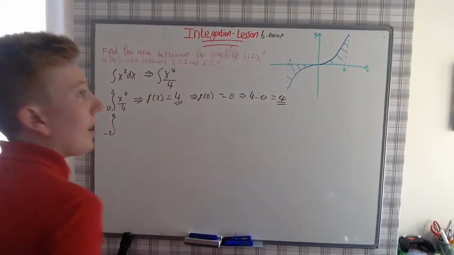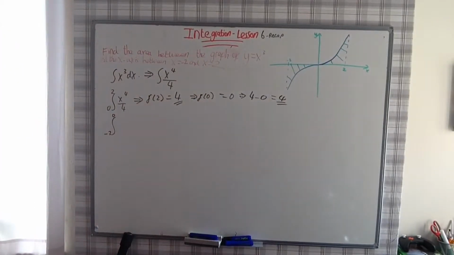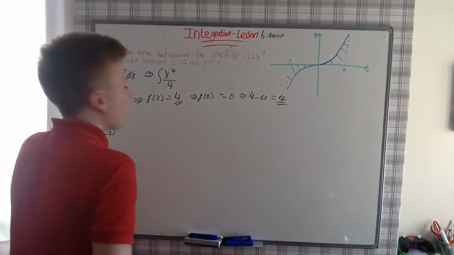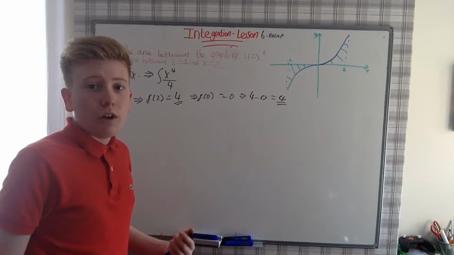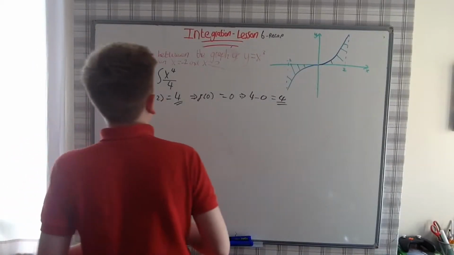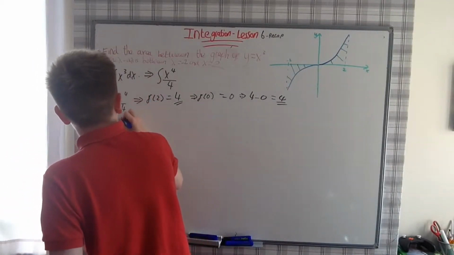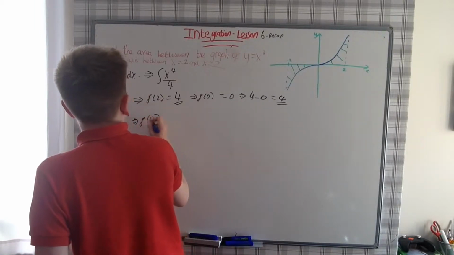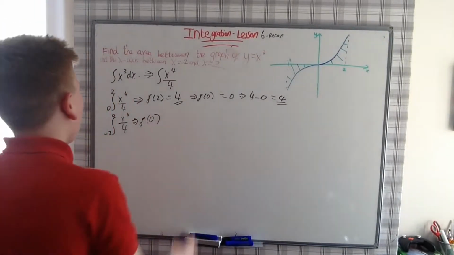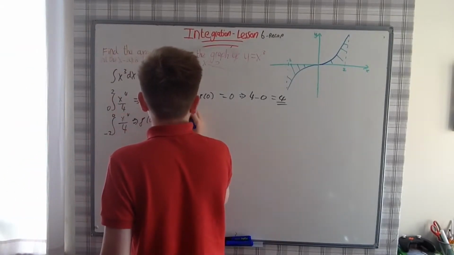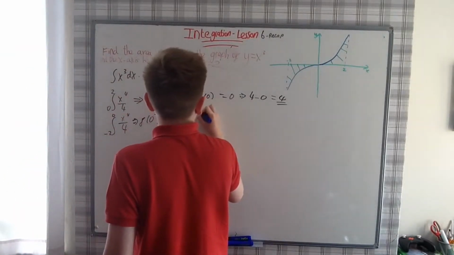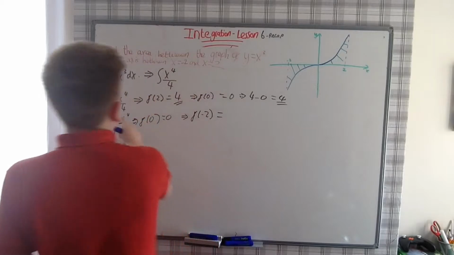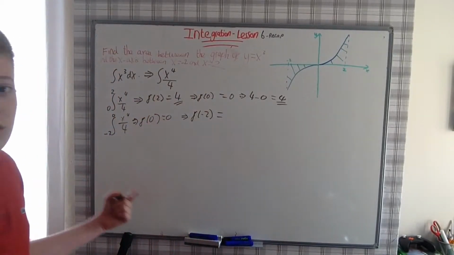So, now we have to consider substituting in our upper limit and subtracting our lower limit. So, if we substitute in our upper limit of 0, into this function, we get 0 to the power 4 divided by 4, which we've done before, that's 0. The next thing we do is substitute in our minus 2. Minus 2 to the power 4 gives us positive 16.